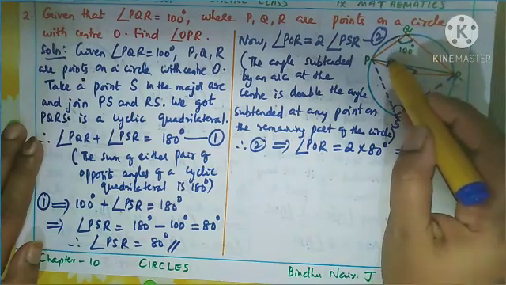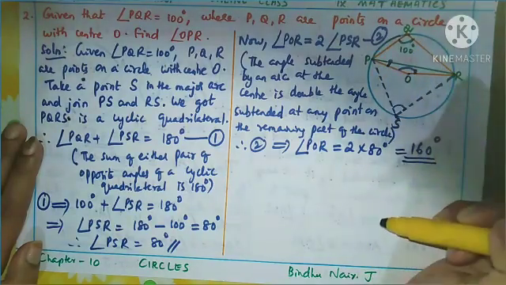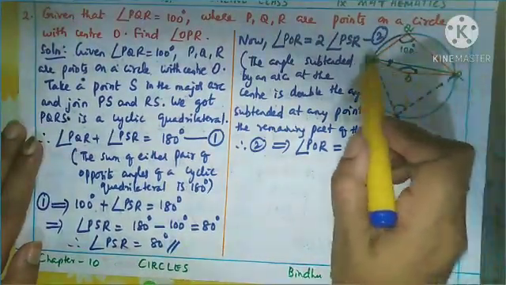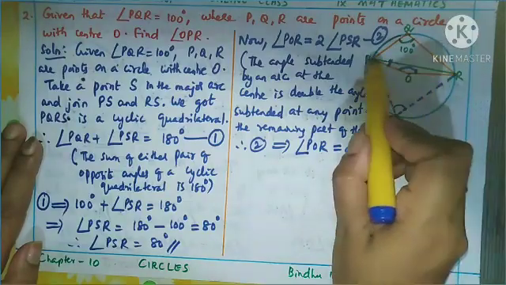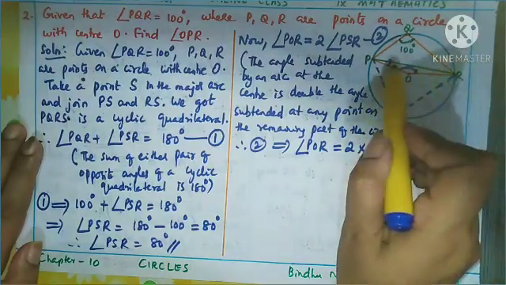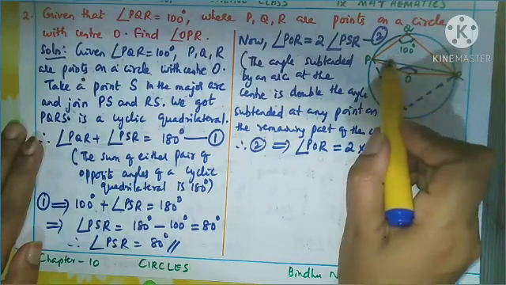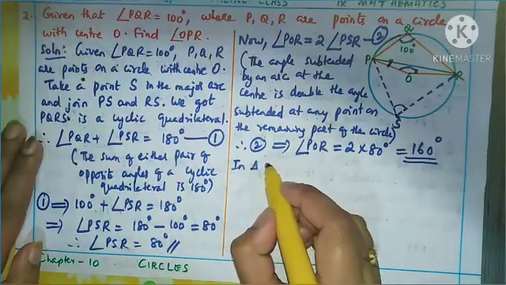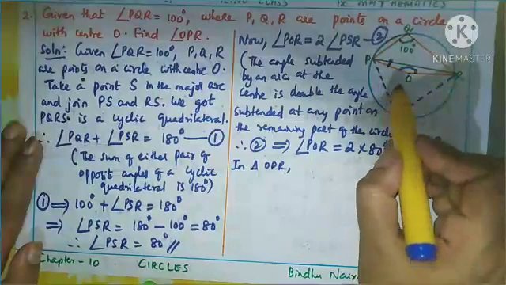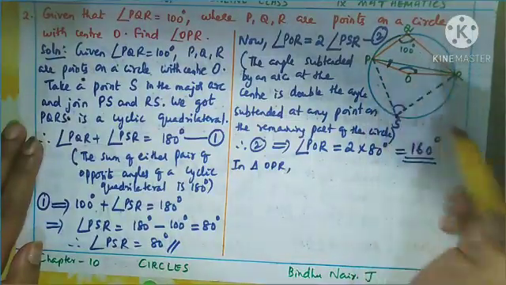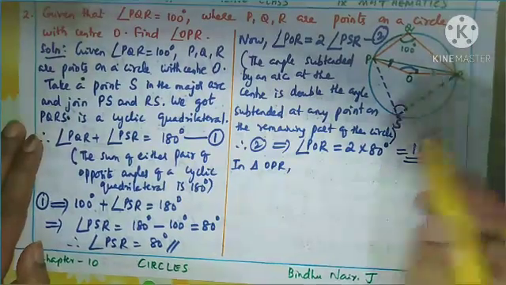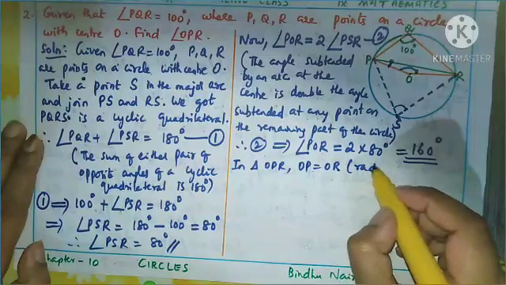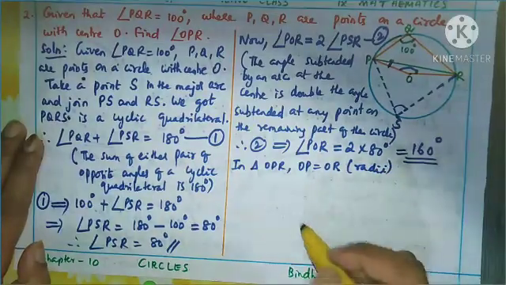What is our aim? We want to find this angle OPR. So in triangle OPR, we are going to find the value of OPR. In triangle OPR, what do you know about OP and OR? They are the radii, correct? Yes, OP equal to OR, radii of the circle.